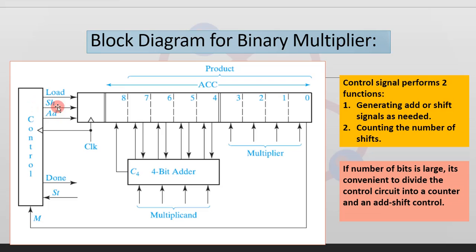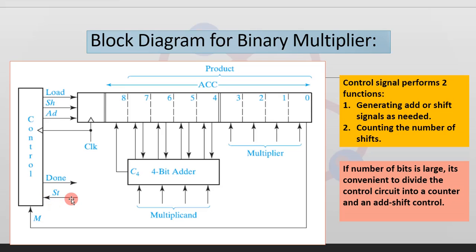The shift signal, represented as SH, causes the contents of the product register including the multiplier to be shifted one place to the right when the next rising clock edge occurs. The control circuit puts out the proper sequence of add and shift signals after a start signal, represented as ST, has been received.